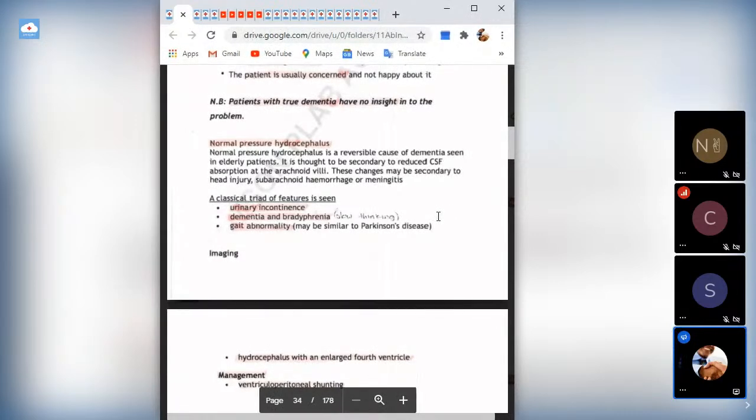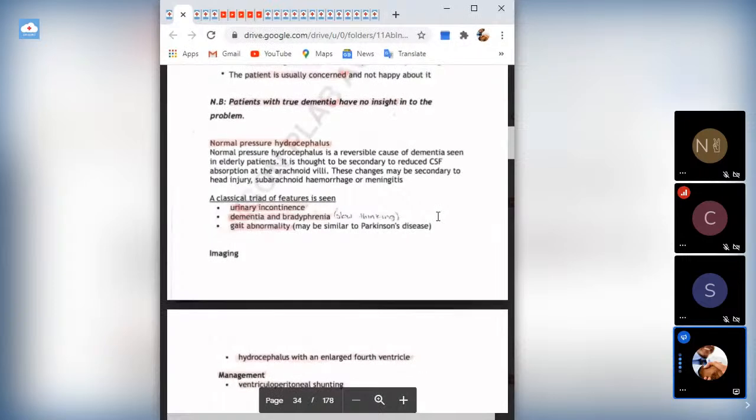But meanwhile, the ventricles are ballooned out. So it is thought to be secondary to reduced CSF absorption at the arachnoid villi. The arachnoid villi, which is supposed to reabsorb CSF, doesn't do the job very well. Maybe there are obstructions, things blocking it from actually taking up the fluid and absorbing it.